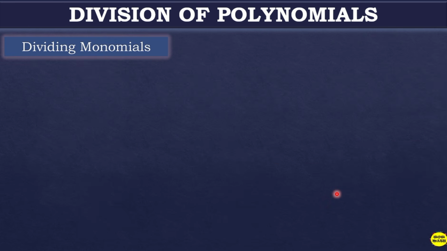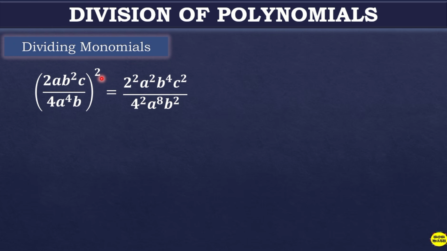Next, dividing monomials, eto na yung meron na sa labas. Paano natin siya gagawin? Monomial siya and then naka-raise pa siya, so power to a power. Kapag ganito, distribute po natin muna.